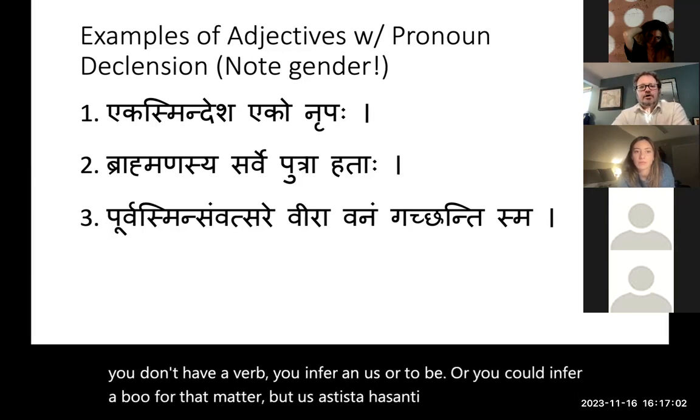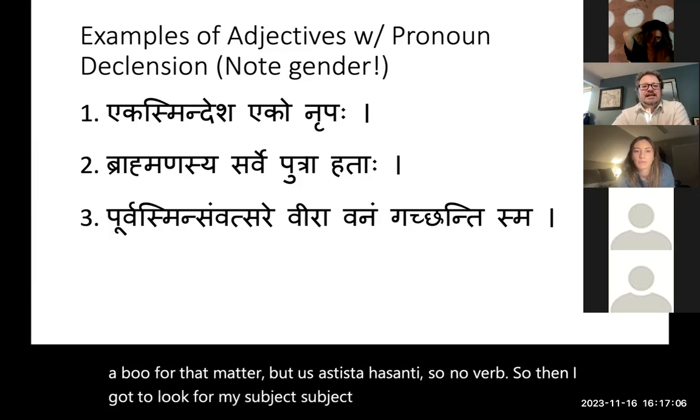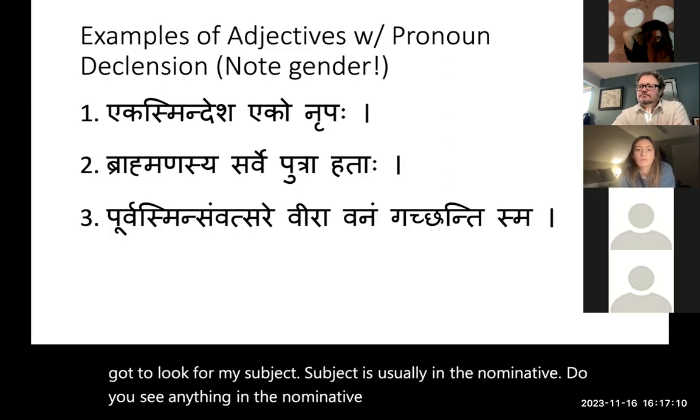So no verb. Then I've got to look for my subject. Subject is usually in the nominative. Do you see anything in the nominative? The desha.